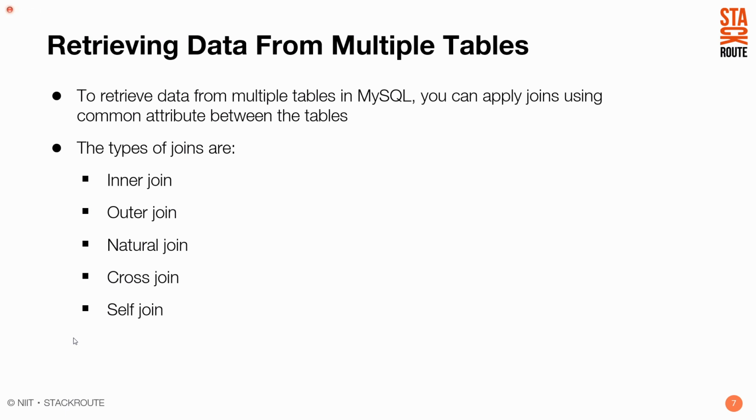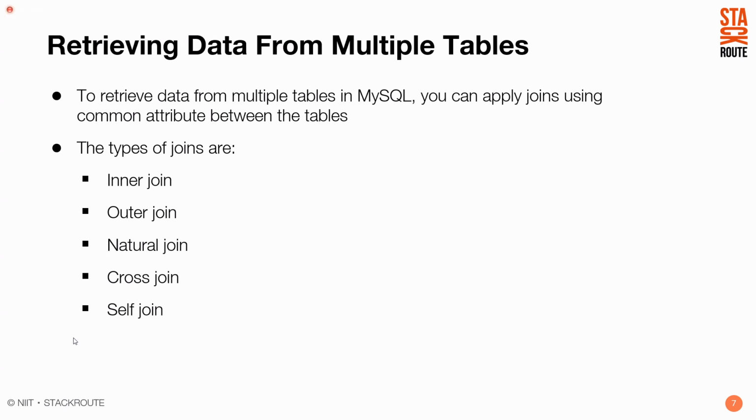When I talk about a common column, it's not based on the name of the column. I'm talking about the data. So one column's data should be there in another table. Mostly the primary key column of one table and the foreign key column of another table will use the same data.